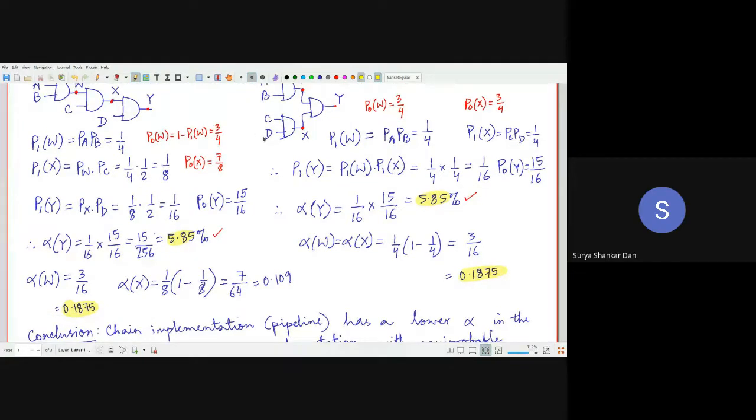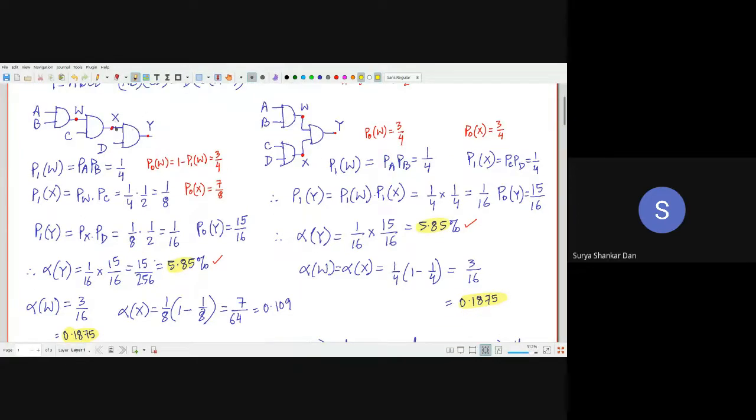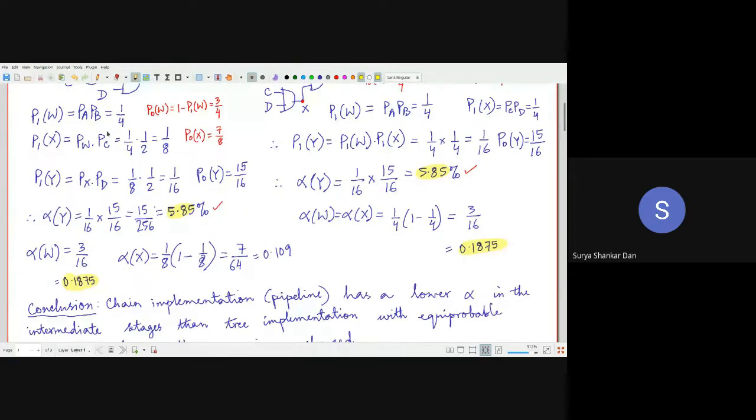However, if you see the switching activity of X over here, it is 0.109, whereas over here how much is it? It is alpha X, this is equal to 3 by 16.